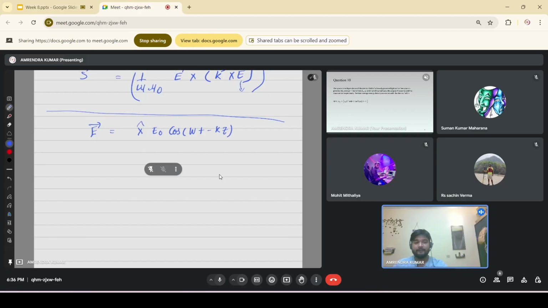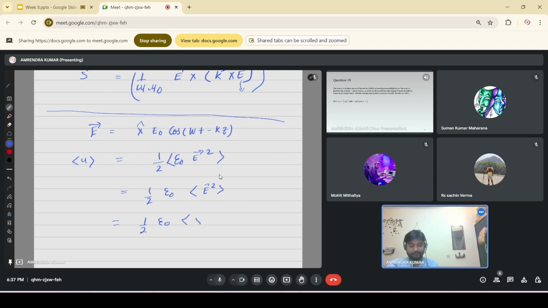So we know that the electric field energy density is half of epsilon naught E square in vacuum. And we have to take the time average of this. So half epsilon naught comes out, E square goes in, and we have been given that it's polarized in the x direction.